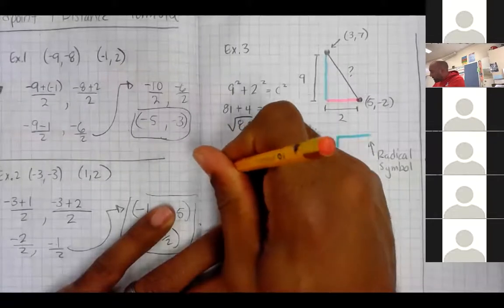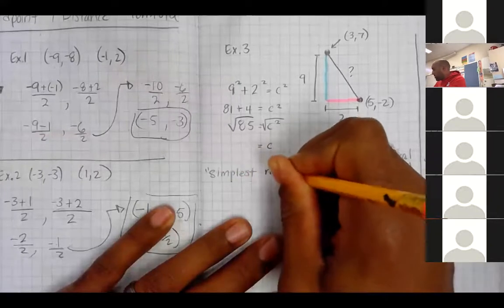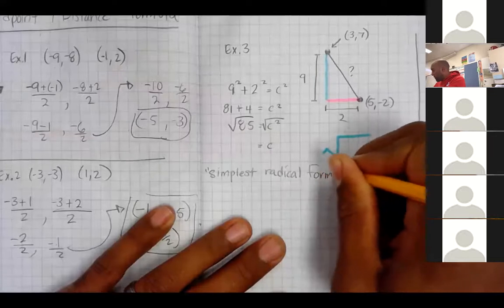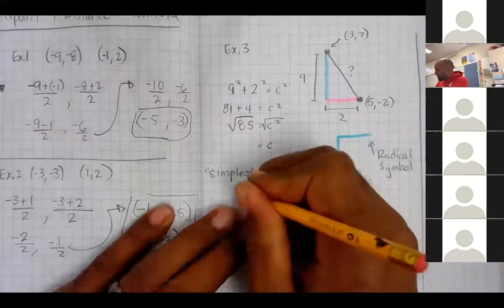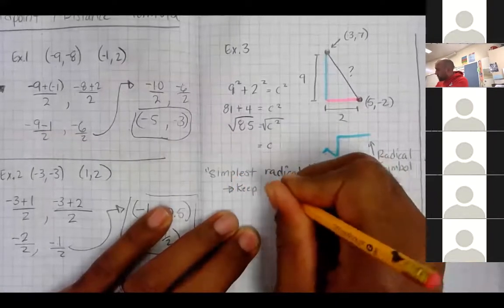So we'll put "simplest radical form." I put it in quotes because you guys are going to see that more than once. It means keep the square root.